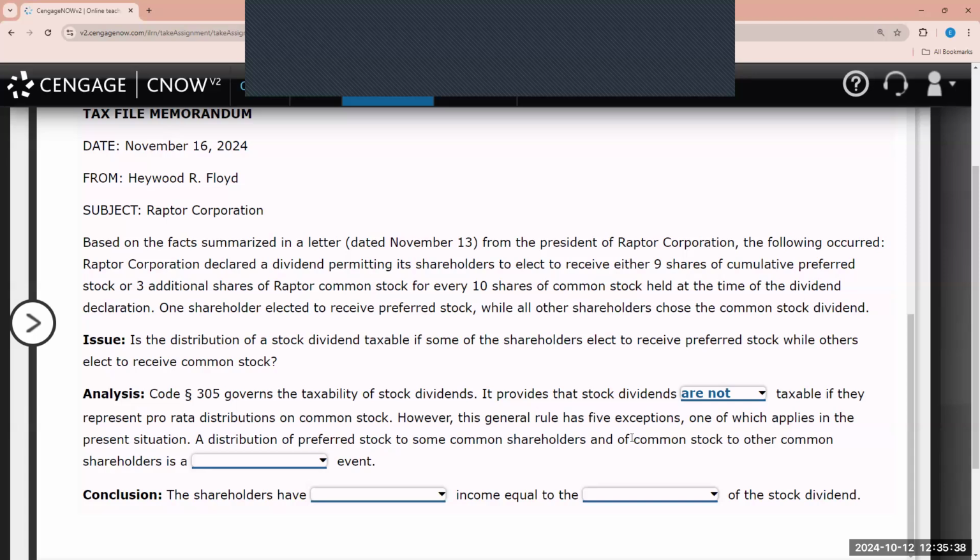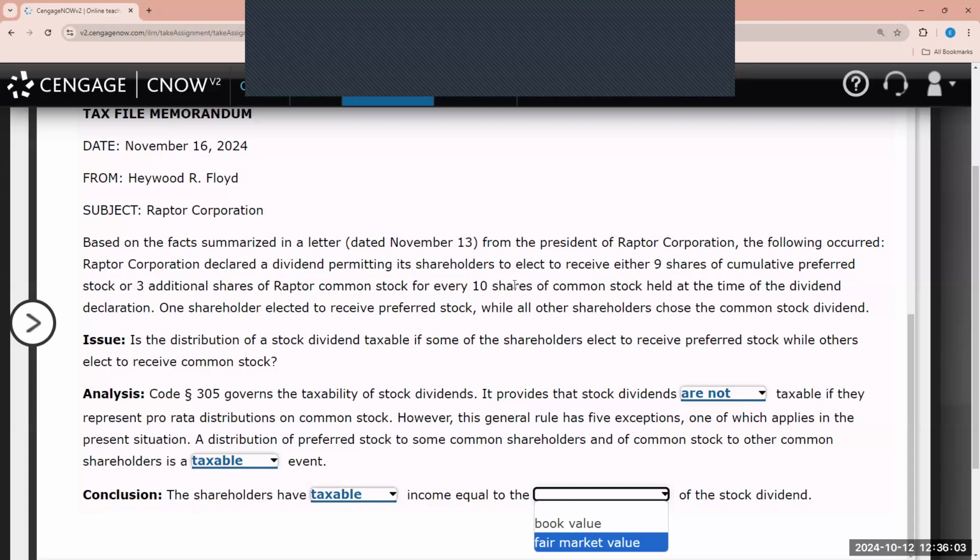However, as we saw, there were 5 exceptions, one of which applies in the present situation. When there's a distribution of preferred stock to some common shareholders and of common stock to other common shareholders, this is considered a taxable event. So therefore, the conclusion is the shareholders have taxable income equal to the fair market value of the stock dividend.